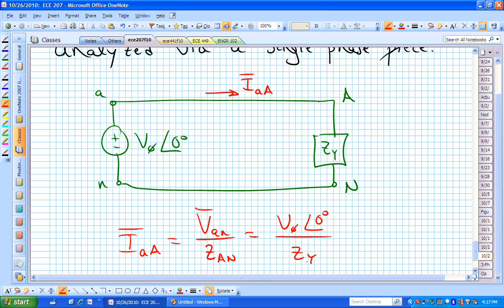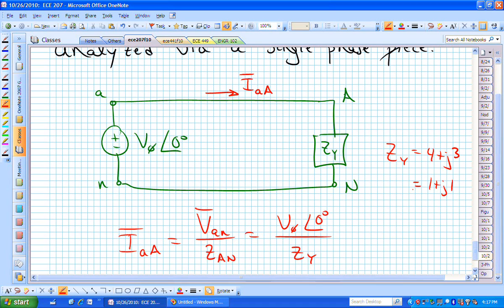Or you could just as easily say, let Z sub y equal 4 plus j3. That would be an inductive load, right? If I didn't give you anything more, you could say that's an inductive load. All of those are inductive loads.